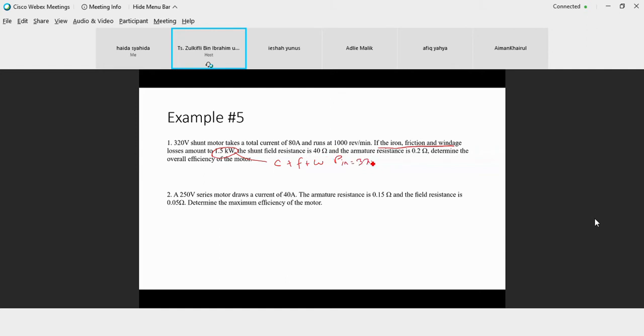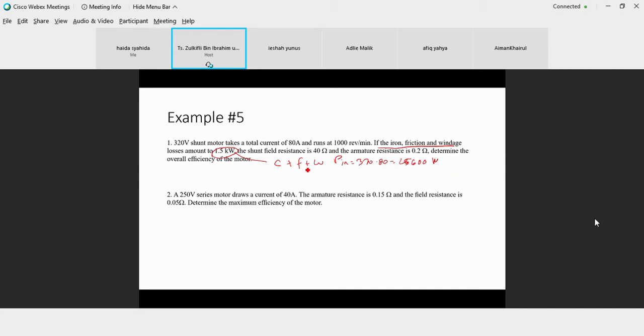So V is 320 times 80. It is straightforward, 320 times 80, so you get 25,600 watts of power. Your losses now, what do we use?